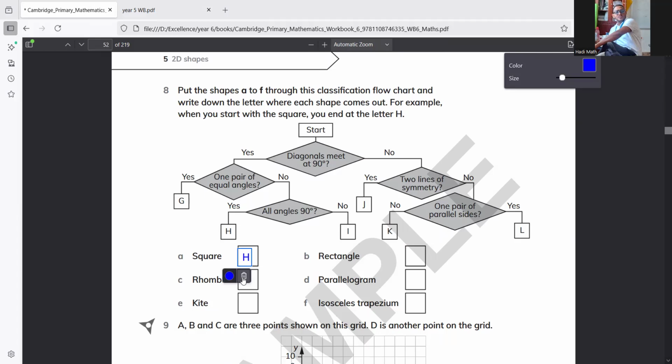With I. Let's go to rectangle. We start with what? Diagonals meet at 90 degrees? No. Two lines of symmetry? It's a yes. Then ending with J.